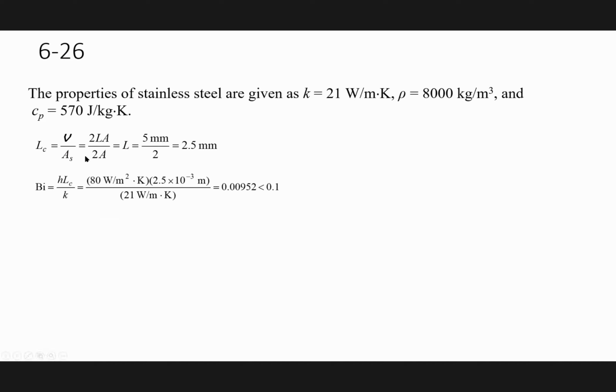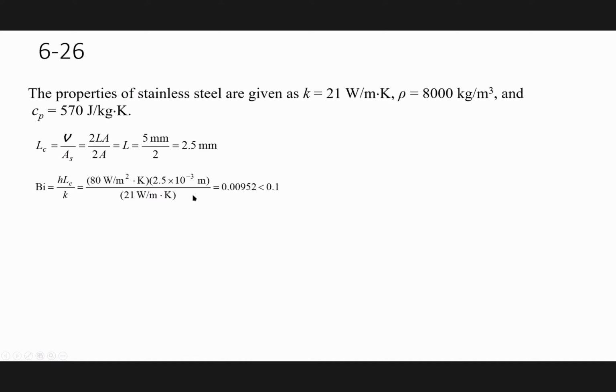And then we calculate the Biot number, and the Biot number is very small, as she mentioned. We can assume this is a lumped system, therefore everywhere inside the plate is the same temperature. Okay, therefore its temperature at the surface is the same as the temperature at the center. That's the lumped approach, and you can see this is less than 0.1.